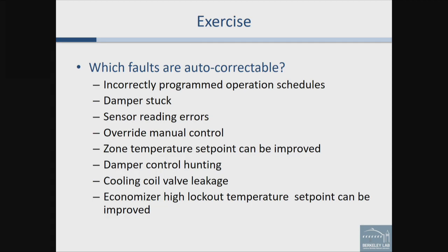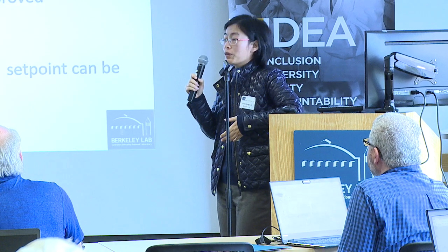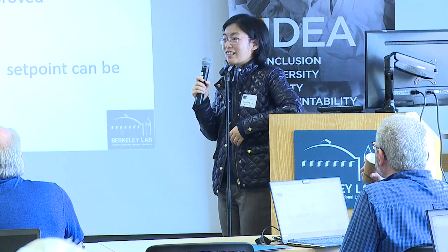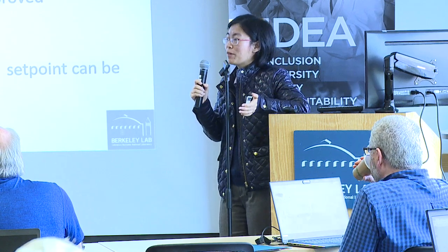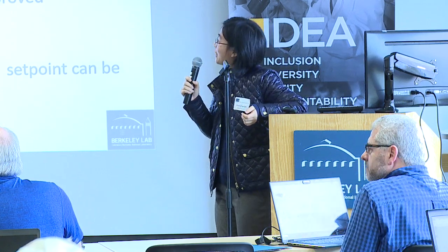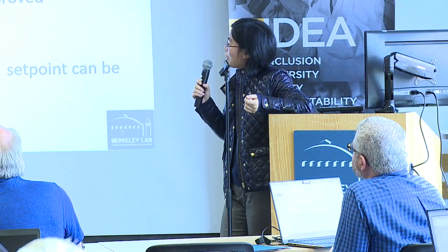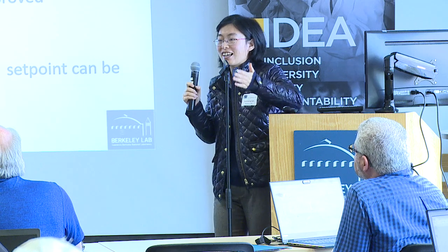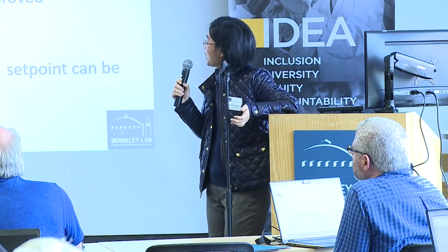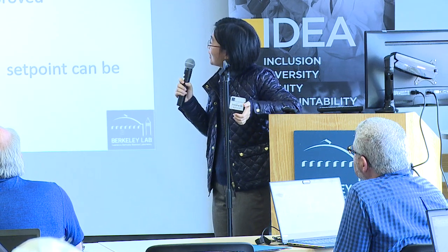Do you have a question? Just one, overriding manual control. That seems like a simple one. Okay, so you think overriding manual control is an auto-correctable fault? Yeah. Any other opinion? Damper hunting. Okay, I see the second answer. Yeah, go ahead. Zone temperature set point. Okay.